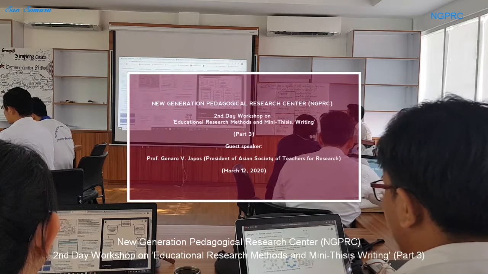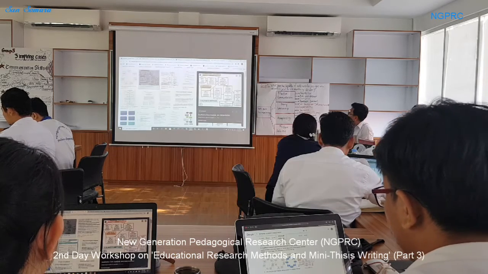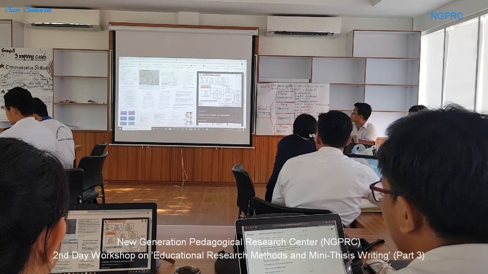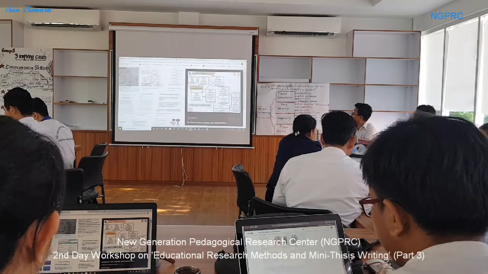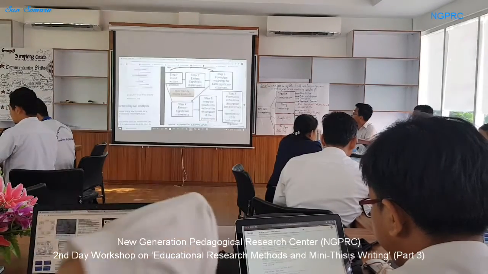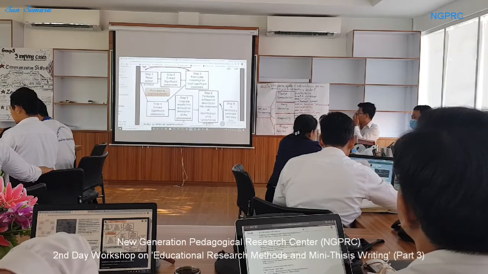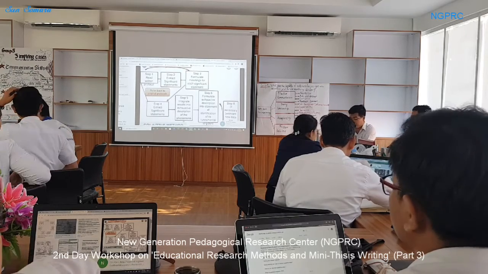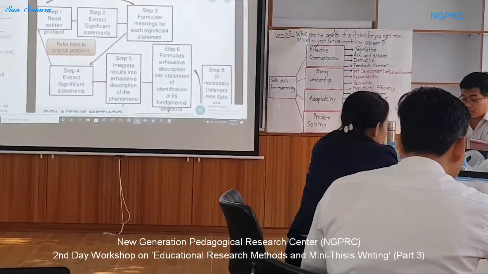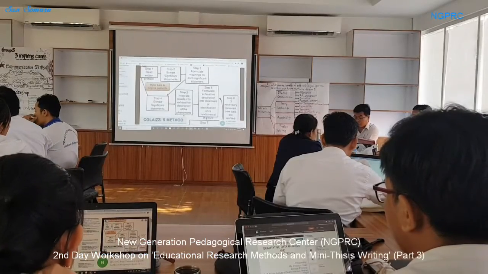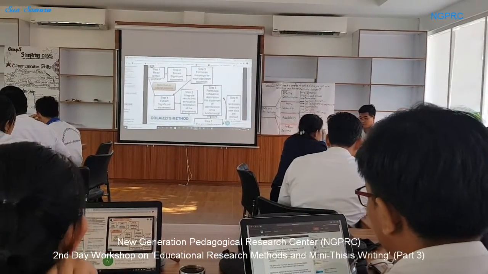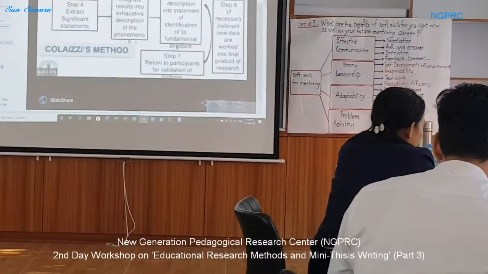So step 1, read the transcripts, extract significant statements, formulate meanings for each significant statement, integrate results into an exhaustive description of the phenomenon, formulate the exhaustive description, and then we have number 7, return to participants for validation.